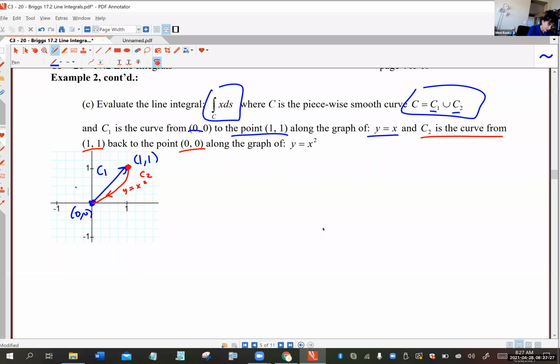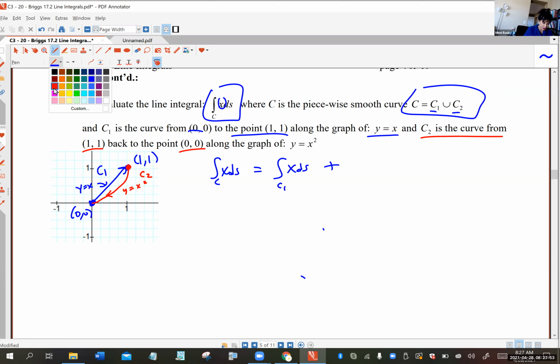So we have to be really careful, because you could think of this as a wire that's bent around; we're basically getting the mass of the wire where the density function is given by x. Okay, I'm going to do this very slowly, but here's what I'm basically saying. My ultimate strategy is this line integral is going to have to be evaluated by two separate line integrals.